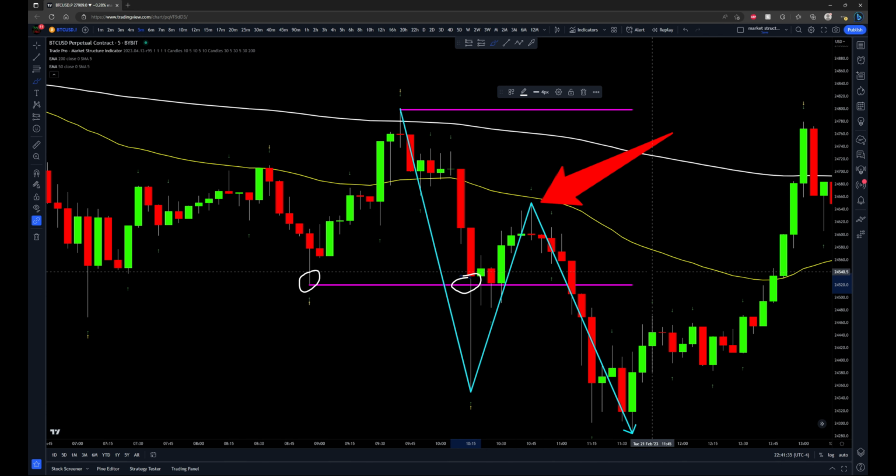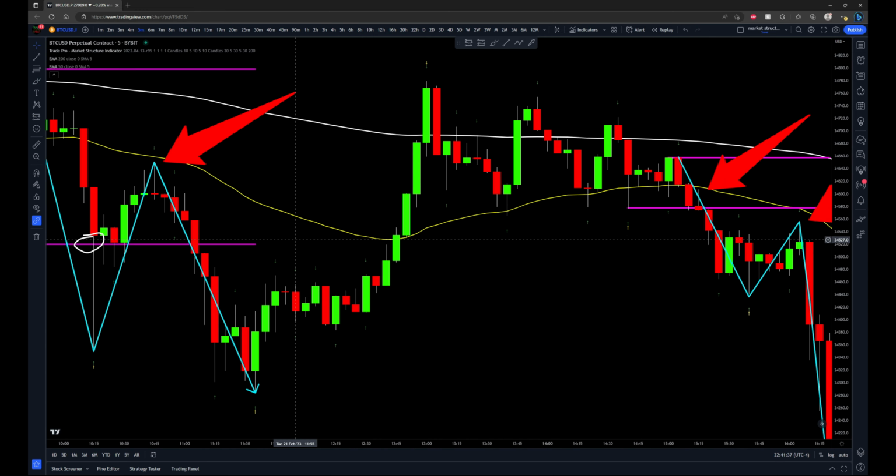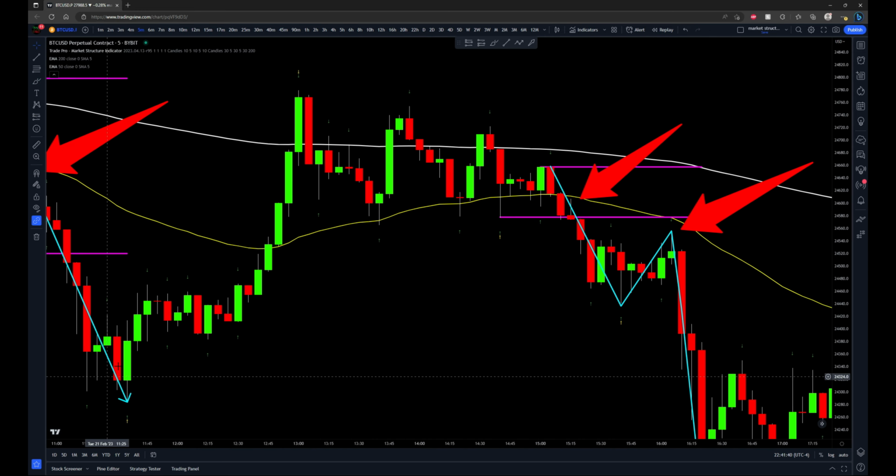So let's go through a few more examples. And the next one here. So we have another pullback here, touches the yellow. And now we can look for an intermediate term market structure break to the bearish side. So price consolidates. We actually get that intermediate term structure right here with the yellow and green.